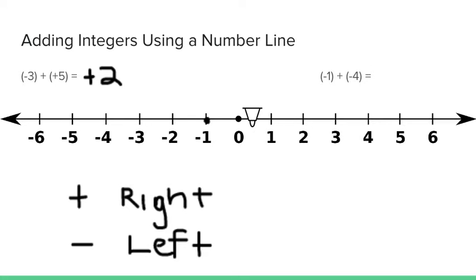And this time I'm adding -4, which means we are going to move 4 places to our left. 1, 2, 3, and 4. And simply put, our answer is -5. Adding integers on a number line, pretty straightforward. I think this should make sense to all of you.